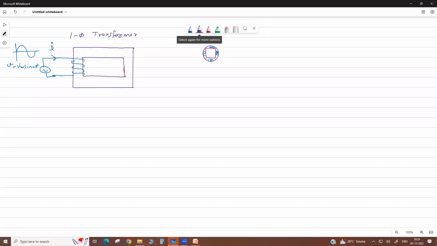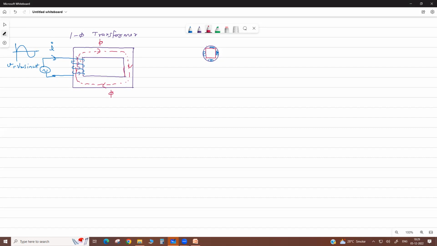When this sinusoidal current flows, a magnetic flux phi is set up in this core.